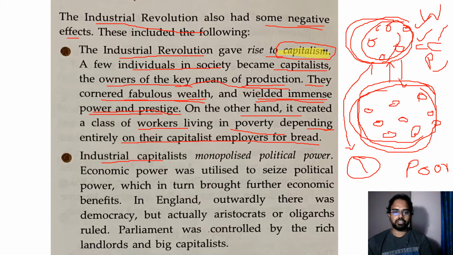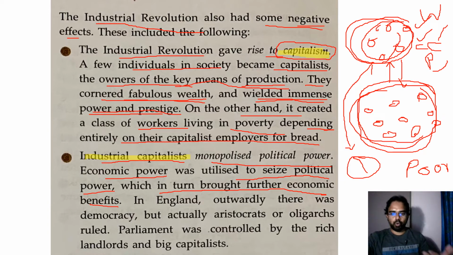And industrial capitalists monopolized political power. Economic power was used to seize political power, which in turn brought further economic benefits. So now what happened was these industrial capitalists, that means the factory owners, the people who own the factory, monopolized political power.